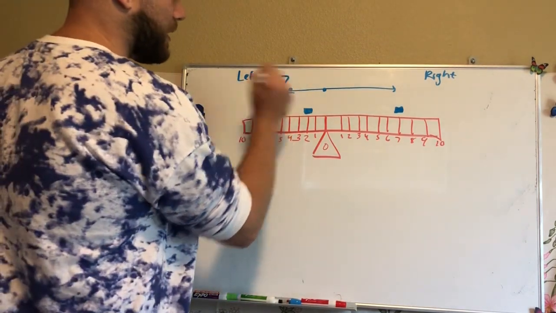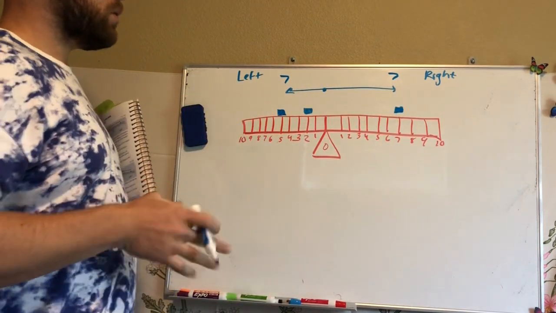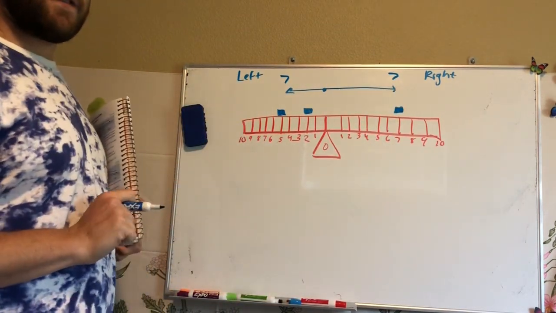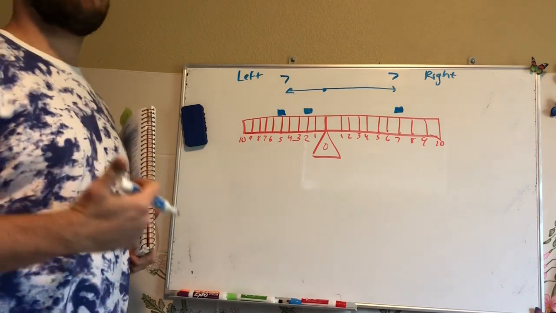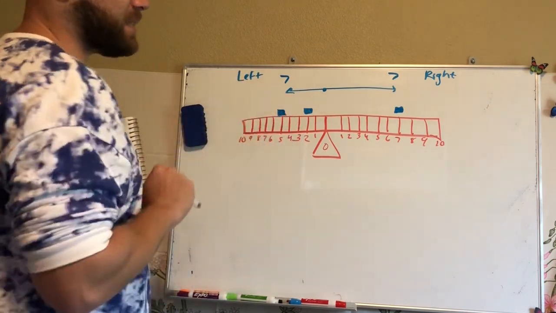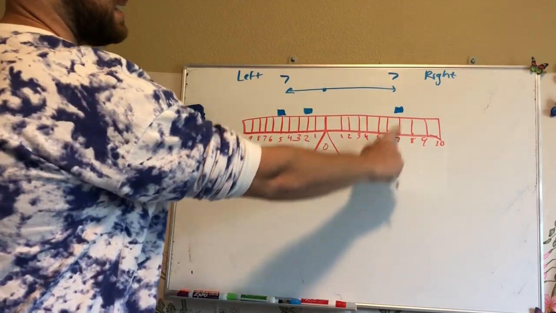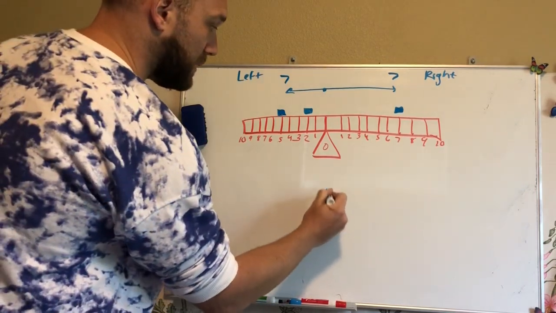I have 7 now. And this is still 7. So which side is going to go down? The left or the right? Neither is going to go down. It's a balanced scale. Even though I have 2 here, it adds up to 7. And this is still a 7. So it's actually going to stay balanced.